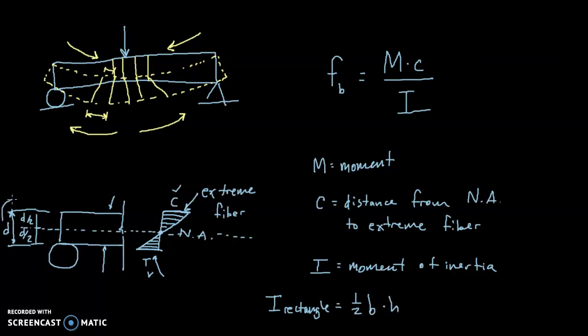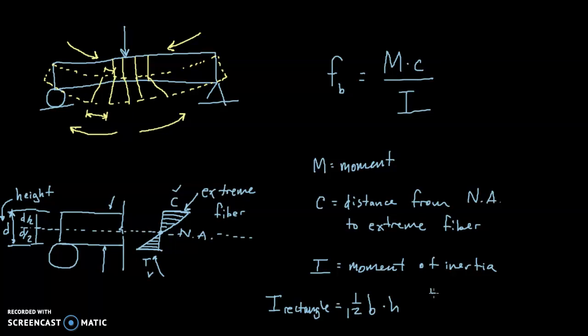So we're using height here in place of depth. So 1/12 b times h. I'm sorry, 1/12, not 1/2. 1/12 base times height is how we calculate I for a rectangle.